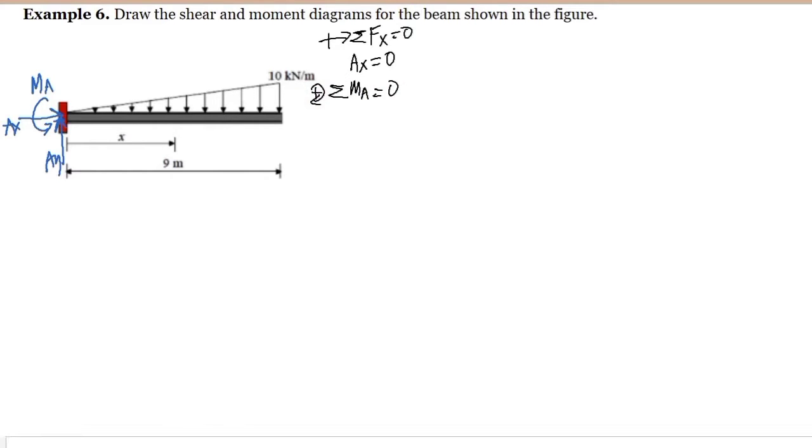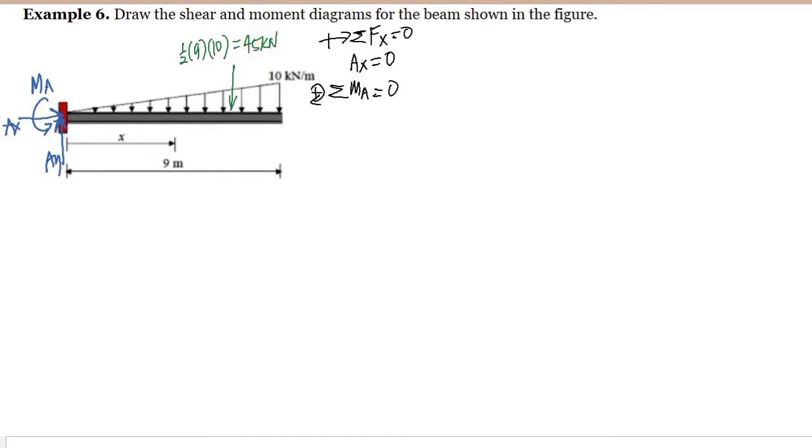So, kukompute muna natin yung resultant ng load natin. And this is just the area of the triangle. So we have here 1/2, the base is 9, and the height is the magnitude of the load, which is 10 kilonewton per meter. And we have here 45 kilonewton.